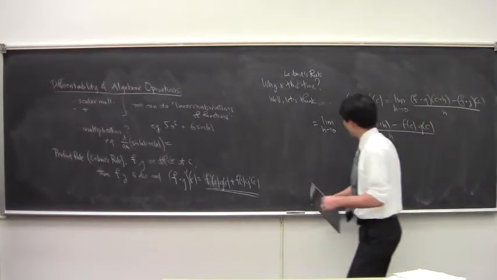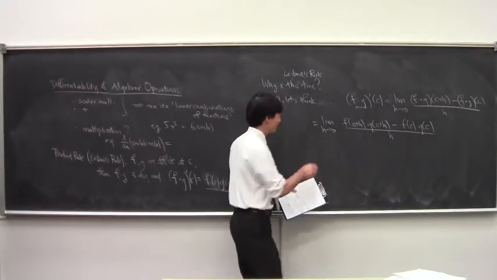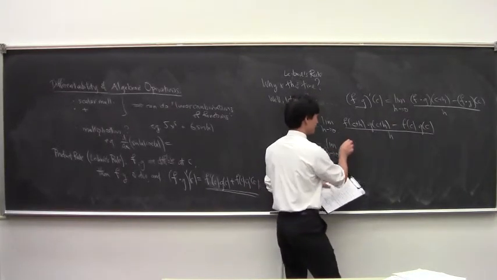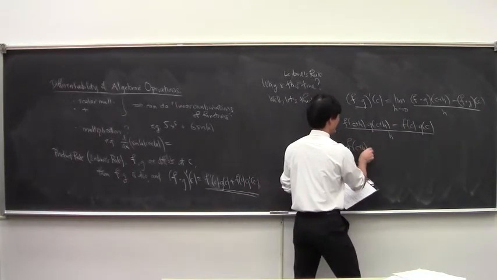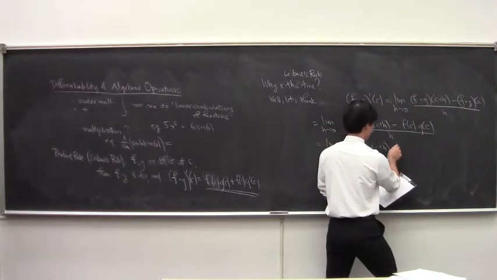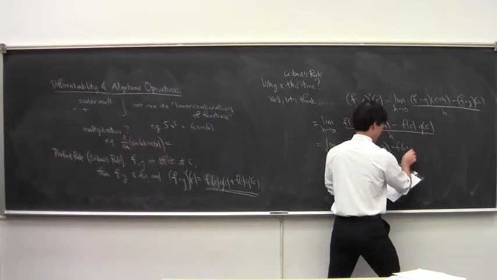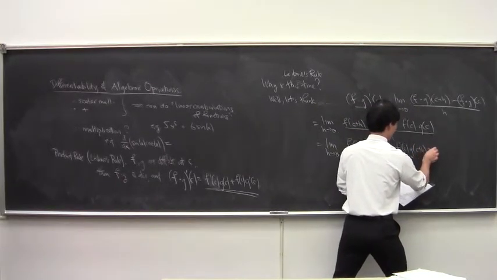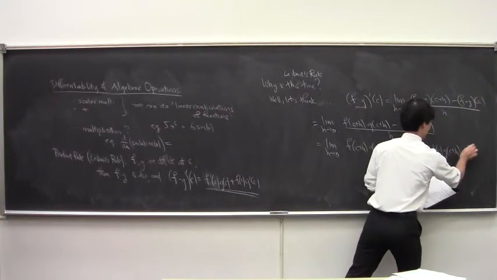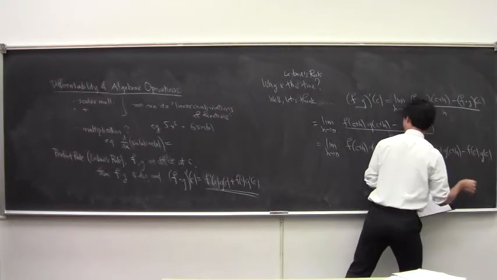Doesn't look like it, but at this point we're going to play a trick, and that trick is to add on 0. So we're going to add on 0, but it's going to be a very funny looking 0. This I don't expect you to come up with.